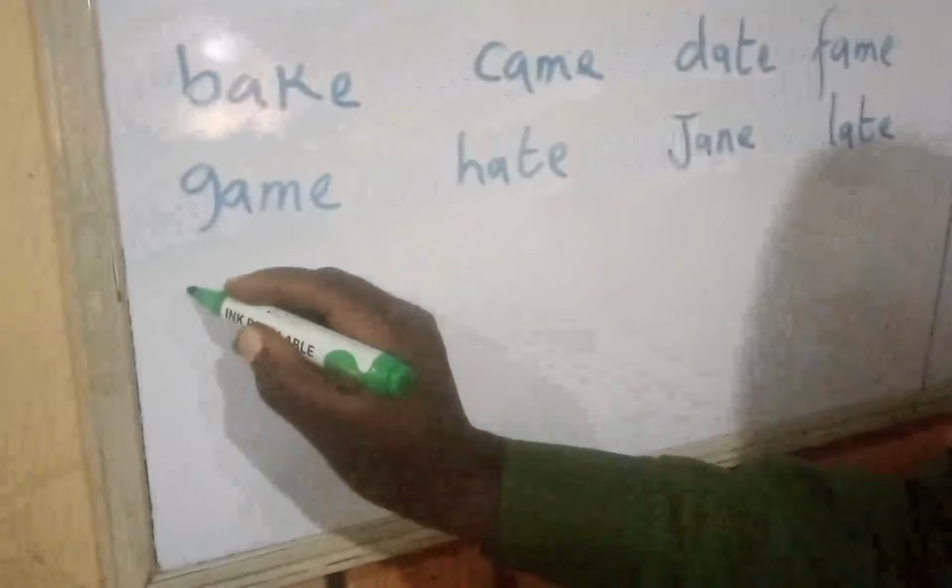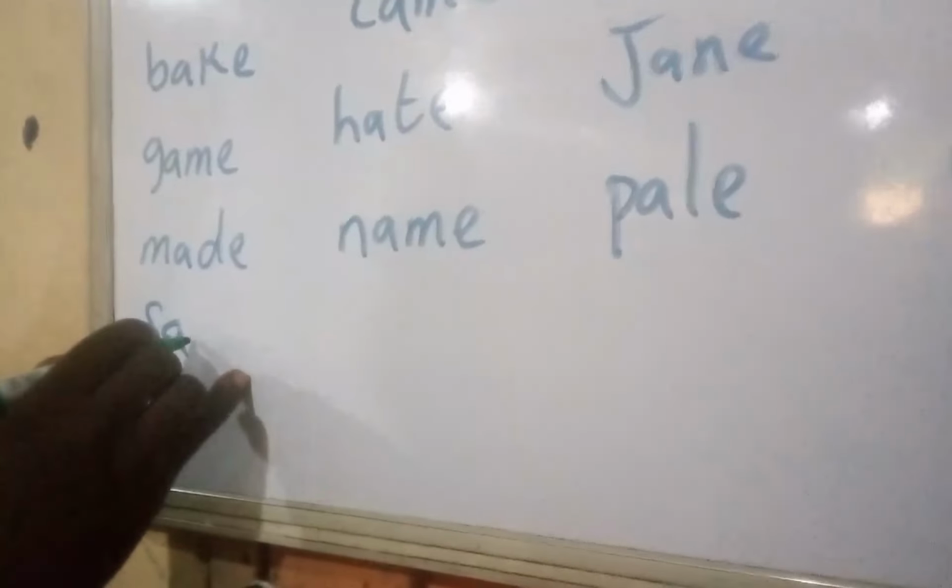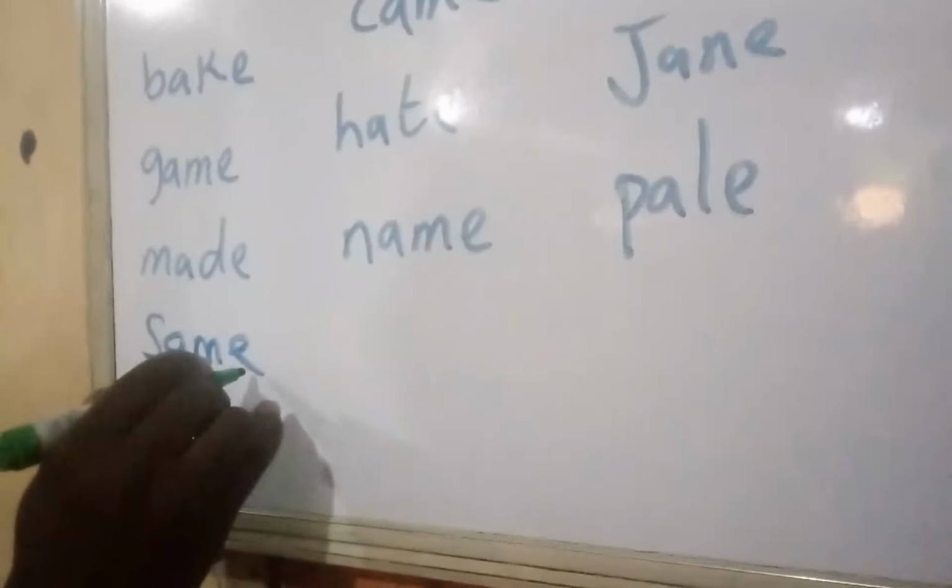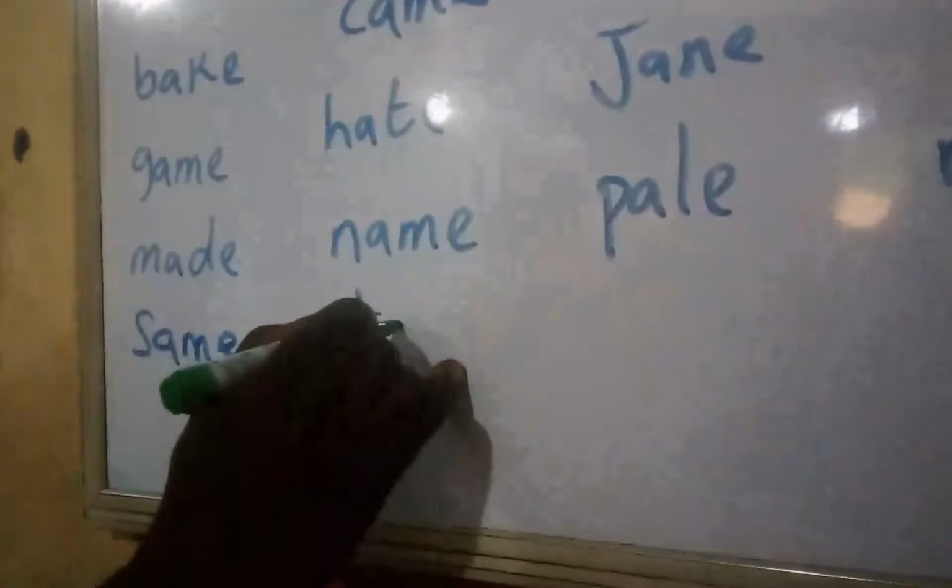This is Ne as in name. This is Pe as in pale. This is Re as in rates. Se as in same. Te as in tape.